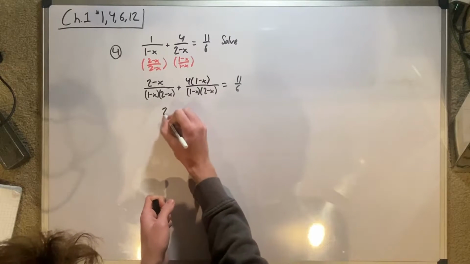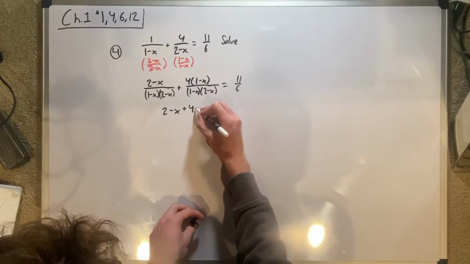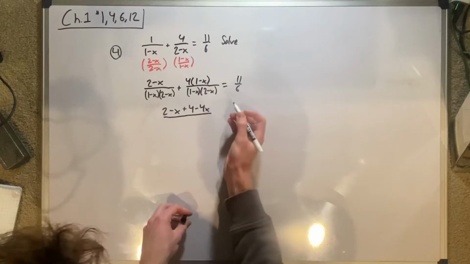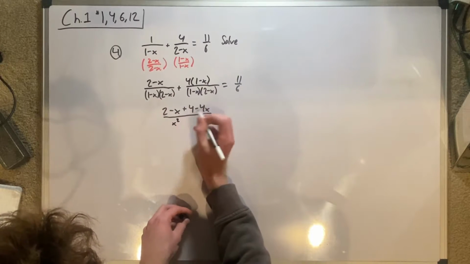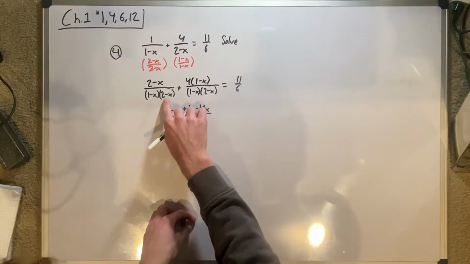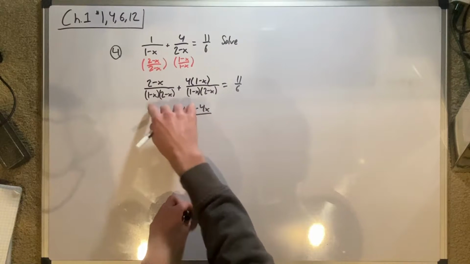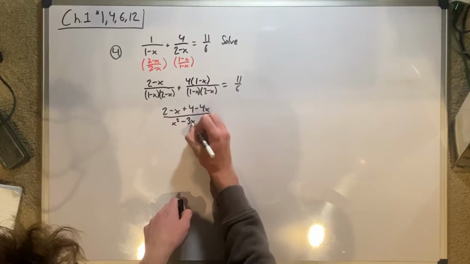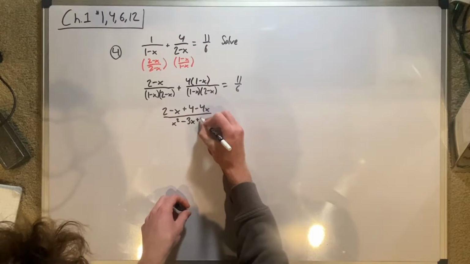So 2 minus x plus 4 minus 4x, because we distribute that 4. So x times x is x squared. So we're going to have a negative x times 2, so negative 2x. We're going to have negative x times 1, negative 1x. Negative 1x plus negative 2x is negative 3x. 1 times 2 is 2 plus 2.